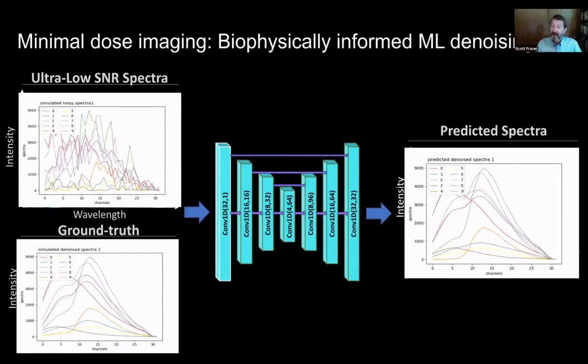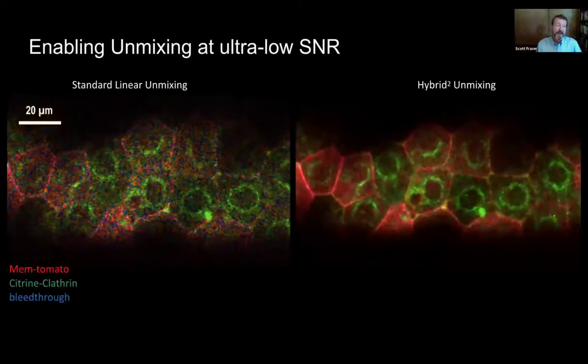And then a biological example shown here is an image of a doubly labeled specimen, imaged with very few photons per pixel. And you can see that the linear unmixing really falls apart at this point because we're starved for photons.